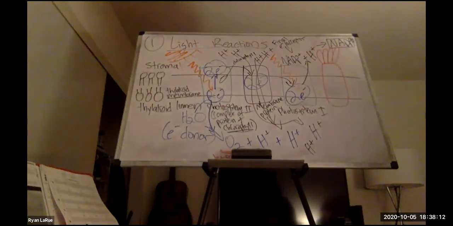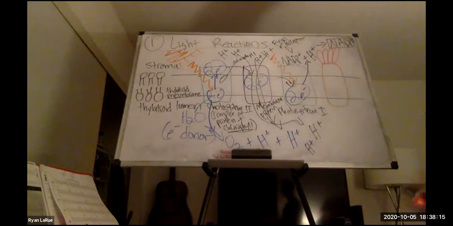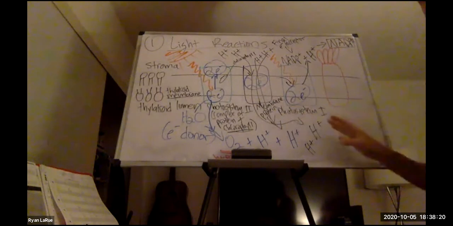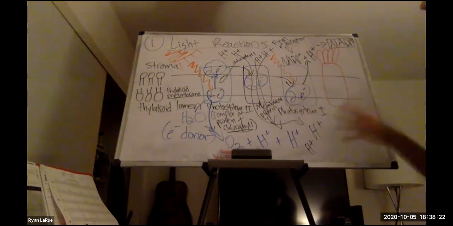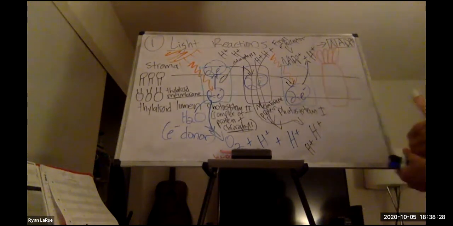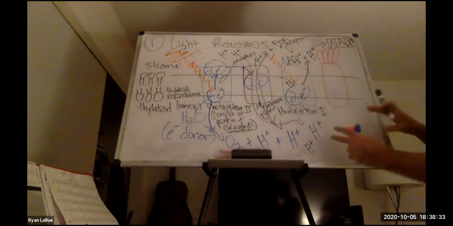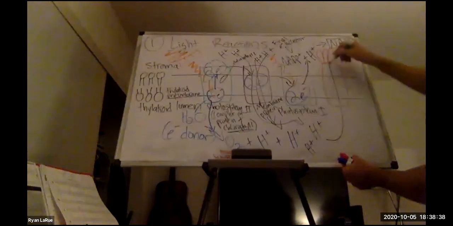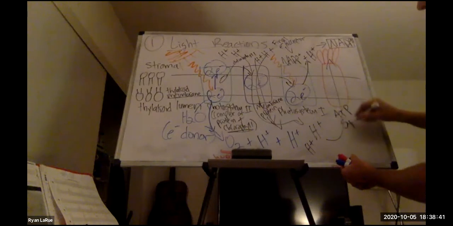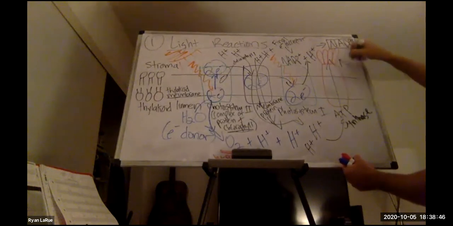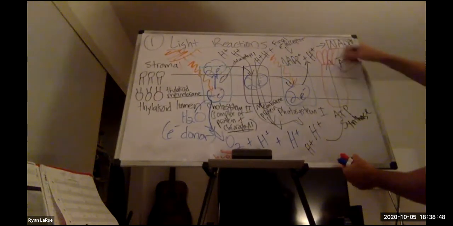Okay, last thing. From the pumping of protons, the same exact mechanism of chemiosmosis is going to occur in photosynthesis here in our first stage that we saw before, where these hydrogen ions are going to go from a high concentration to low through our ATP synthase protein and generate ATP, just like we've seen before.